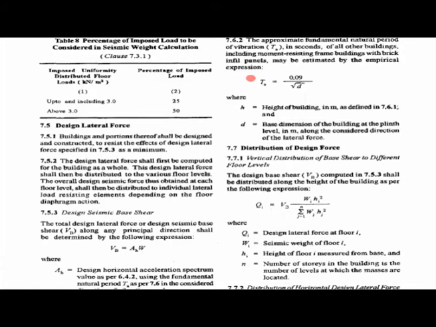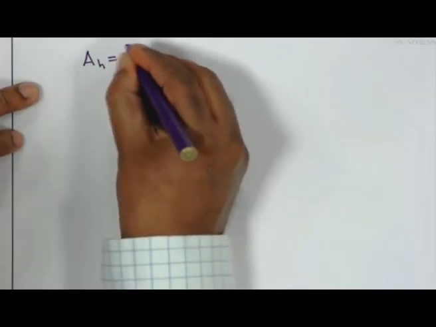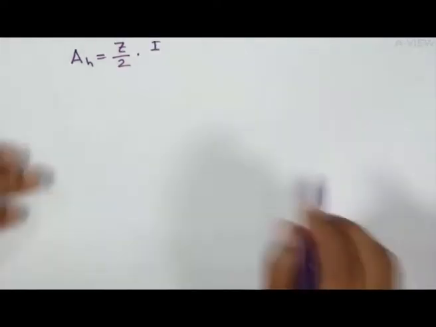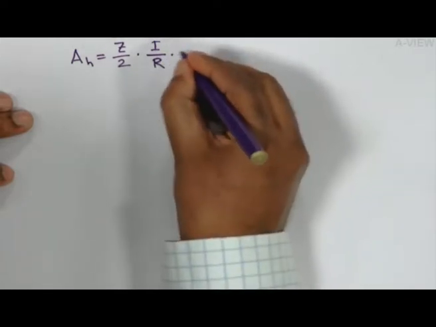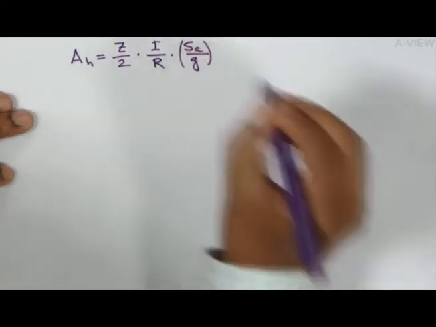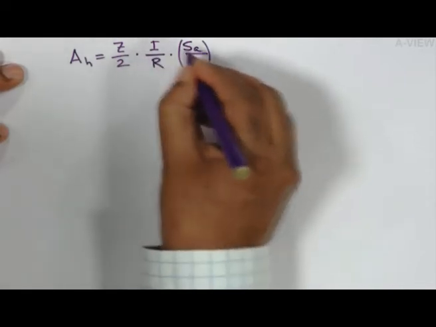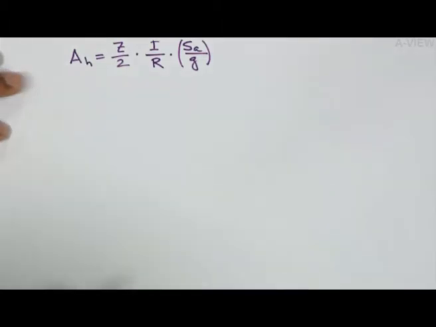Just to give you an idea, first we have AH equal to Z by 2 into I by R into SA by G. So I am getting this one.